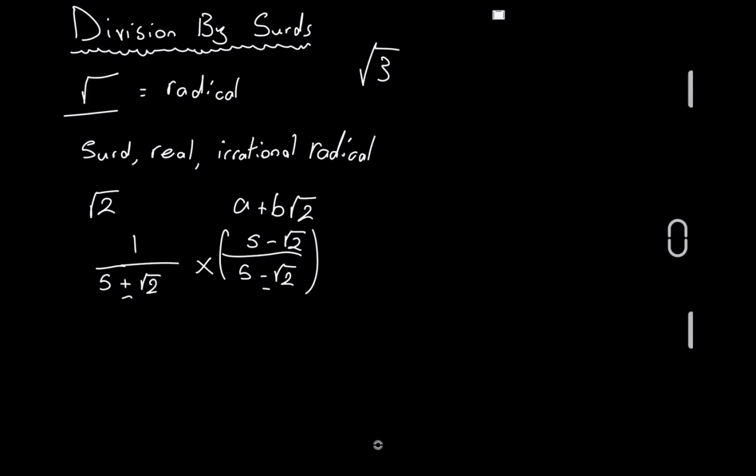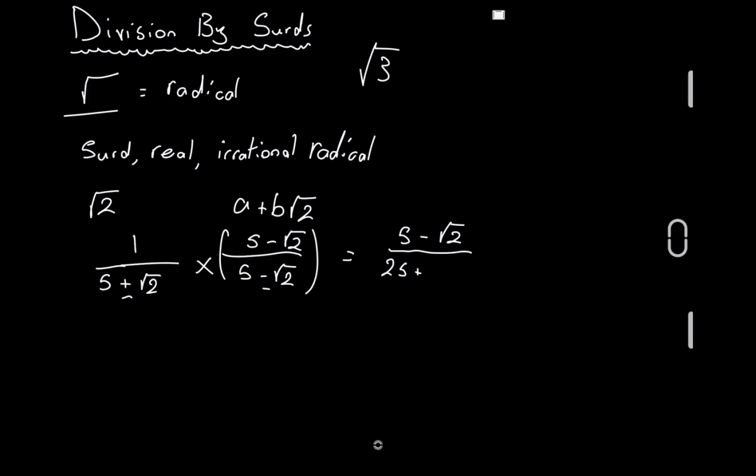So what's this going to look like when we do it? We're going to have 5 minus square root of 2 on top. Underneath, we've got 5 times 5, which gives us 25. Now, we've got square root of 2 times 5, which is just 5 root 2, but we've also got take 5 root 2. So the radical down the bottom in our denominator is actually going to get cancelled out. But let's expand it so you can see exactly what's happening.